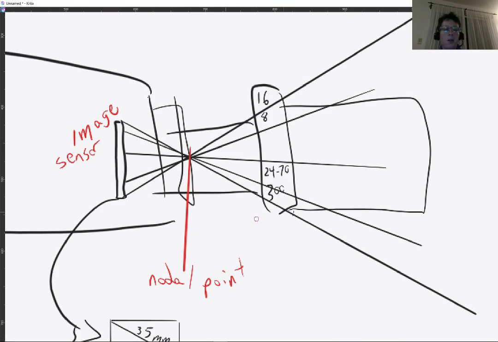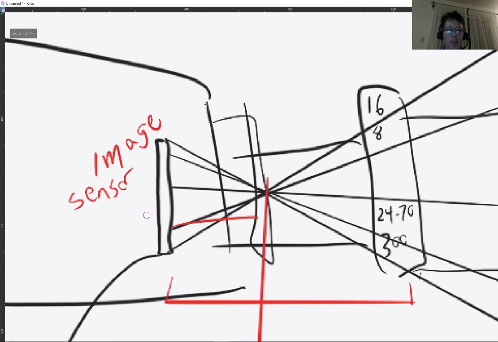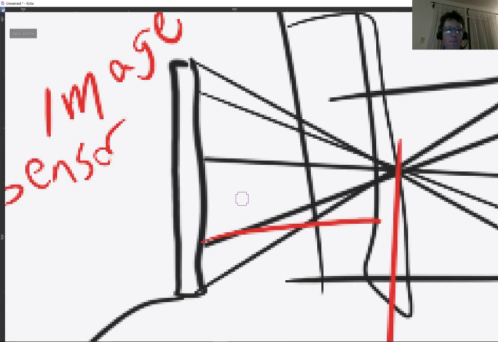and what these numbers on the lens represent is actually very simple. It is the distance that it had to travel. So, for instance, this lens here, just to freehand it, this lens is probably 24 millimeters.